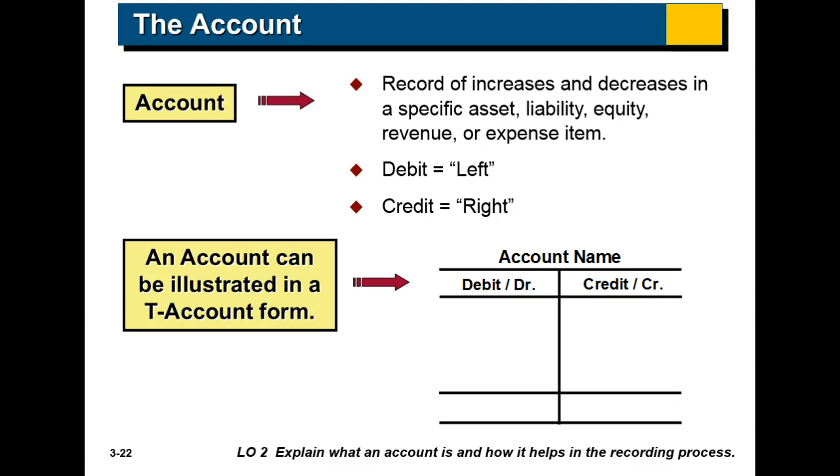An account can be cash, or let's be specific, Wells Fargo checking account. An account can be Wells Fargo savings account. An account can be rent expense. What's that? An expense. An account can be note payable Martin. I owe him money. Interest expense is an account.